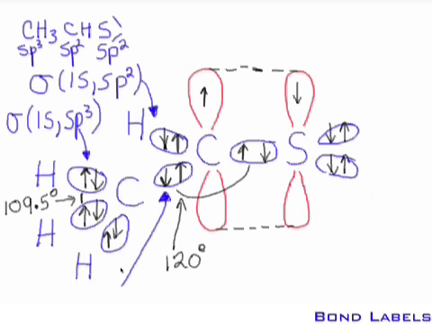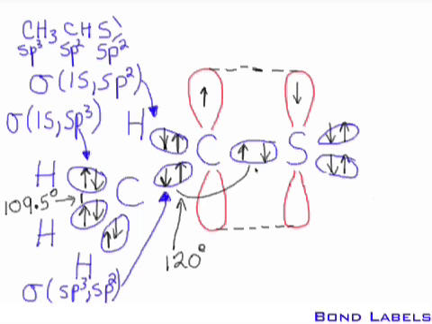And so since sp cubed and sp squared collide head on, we have a sigma sp cubed sp squared. So we have a sigma sp cubed sp squared. And just so you can see the bonds, I'll underline them later.